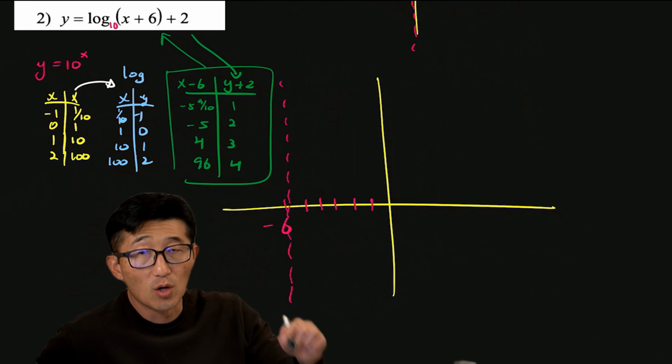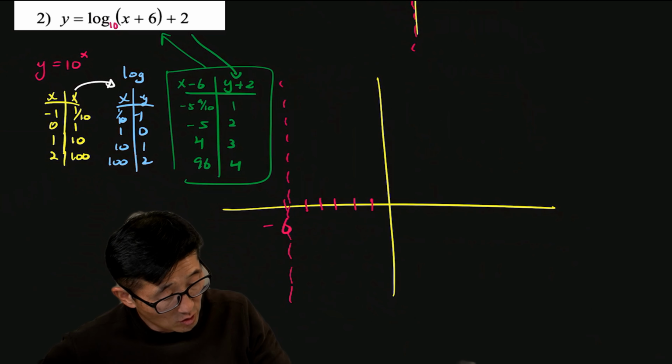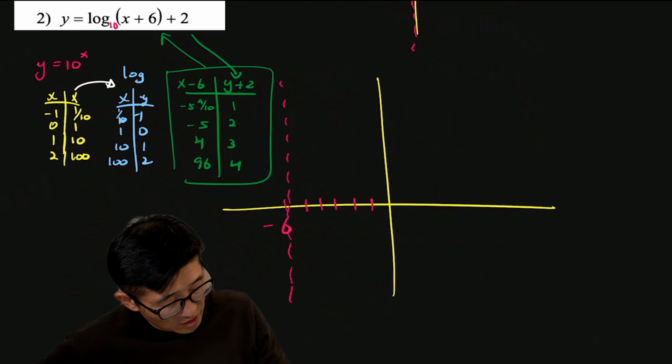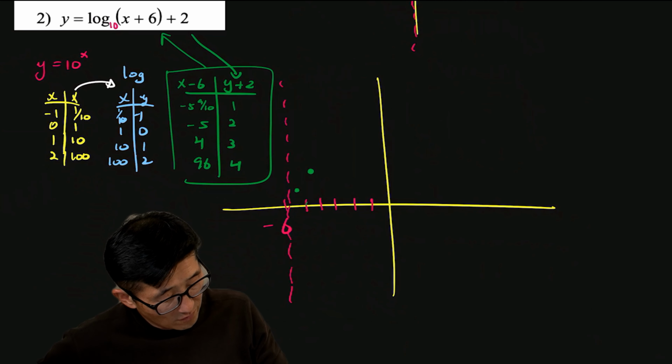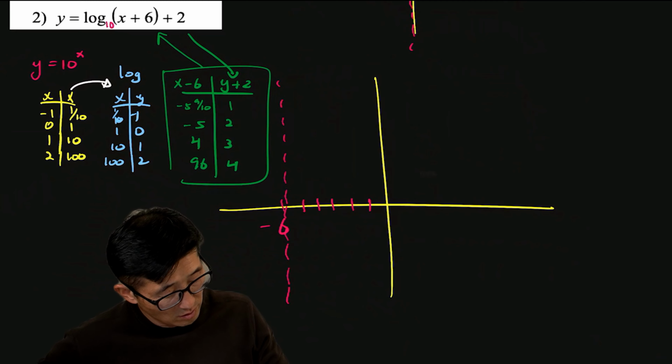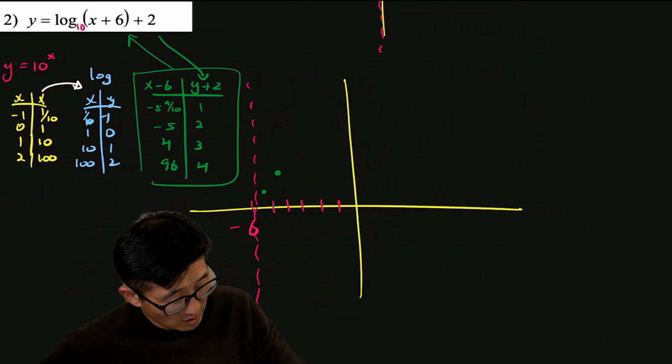And then we're just going to plot the green coordinates here. Negative 5 and 9/10, which is right here, and 1. Negative 5 and 2. Wait, that's positive 4, sorry.